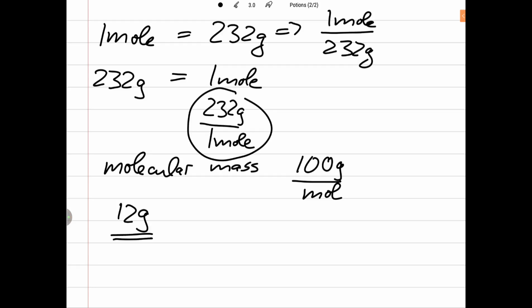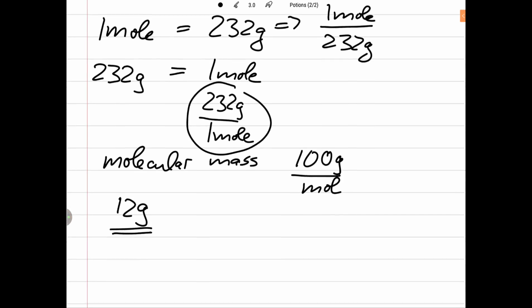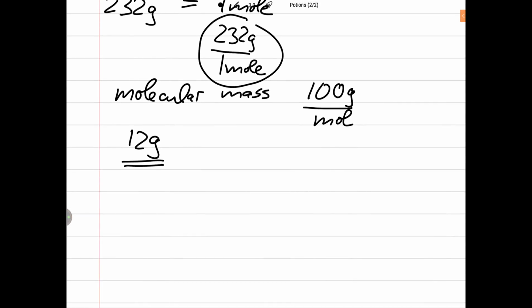You do cross multiplication? Everybody gets that? So, are you looking at 12 grams of the 100? How many moles? Do you know the equation by heart for that? Amount equals mass divided by molar mass.